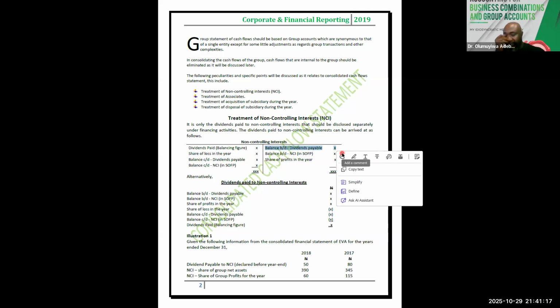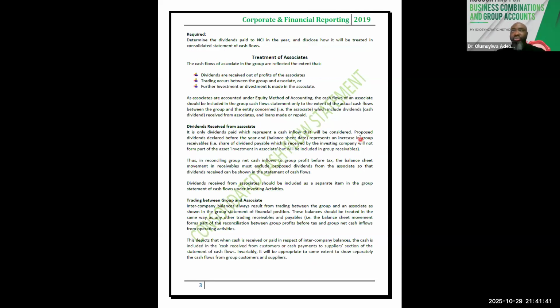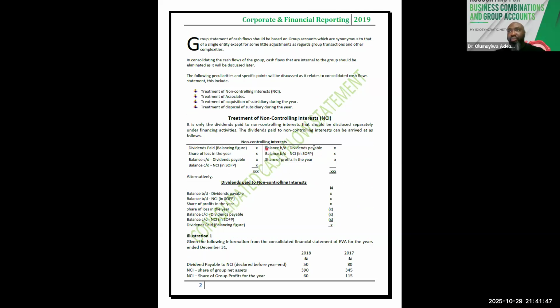And remember, anything due from the subsidiary is likewise due from the group, because the subsidiary is an integral part and member of the group. Therefore, all things being equal, the two balances will be on the credit side: the balance relating to dividend due to the subsidiary at the end of last year, which we brought forward, and the balance of the equity attributable to the NCI last year, which is brought forward this year.